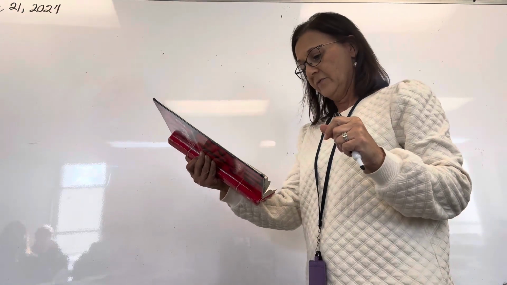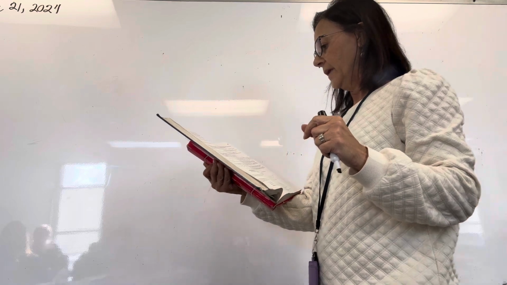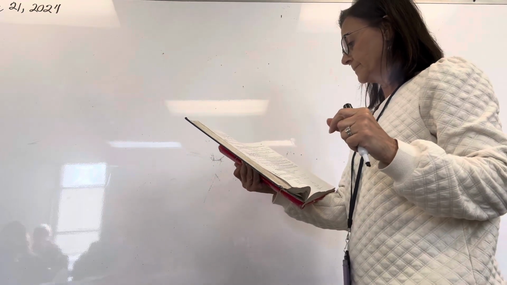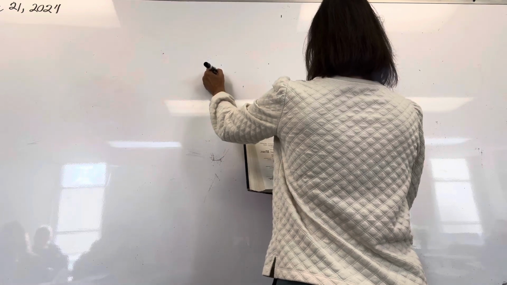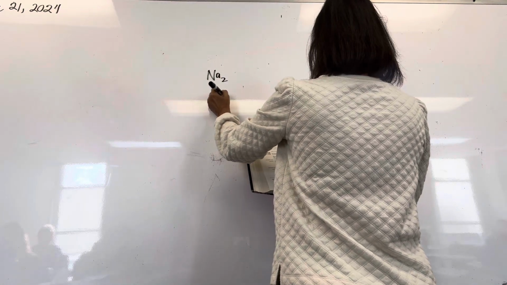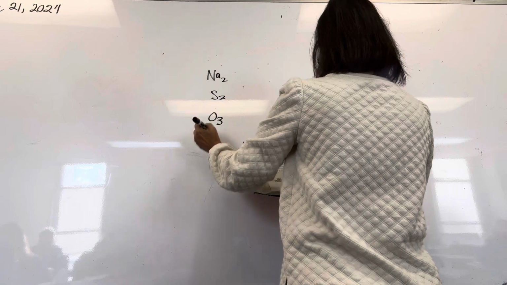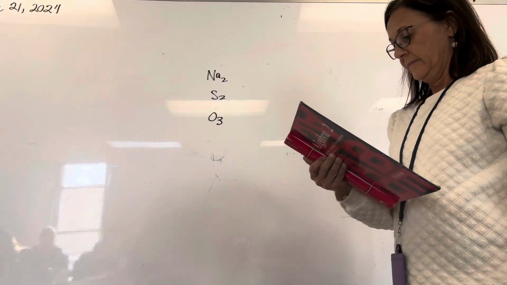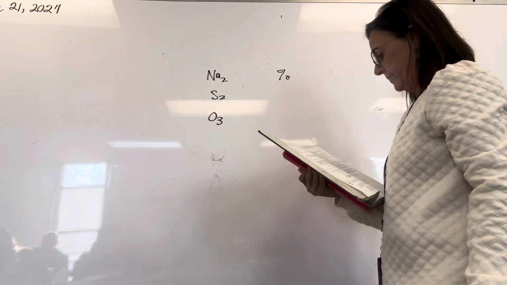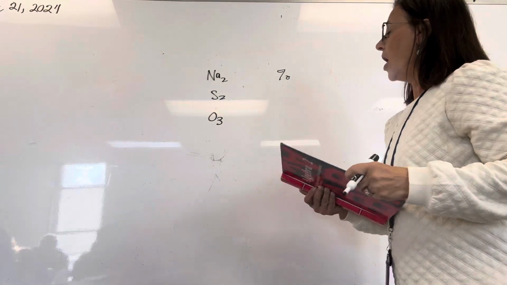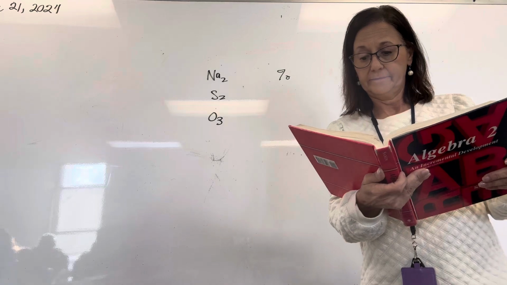All right, so there's one example, and it's on the top of page 231. So we have Na2S2O3, and it wants to know what percent of that compound is sodium.